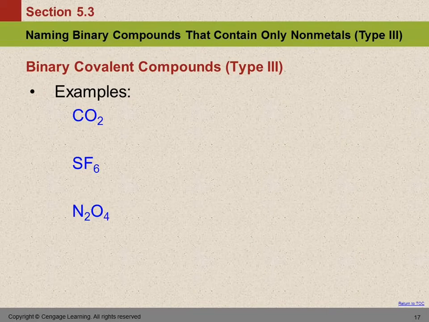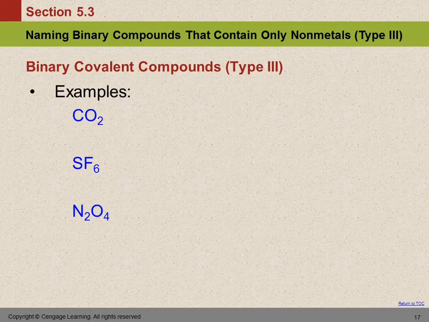So let's do some examples. Writing names for these guys. So we look at the compound and we see we've got C and O, 2 elements. We look at the first element and find it on the periodic table. Is it a metal? No. It's a nonmetal. We've got 2 nonmetals. So then we get to use the prefixes. Students like the prefixes, and they want to use them everywhere.